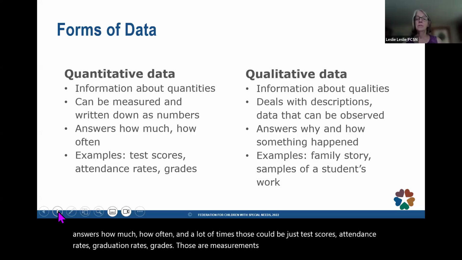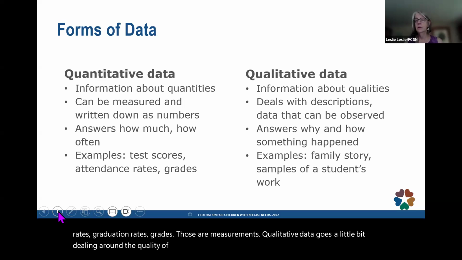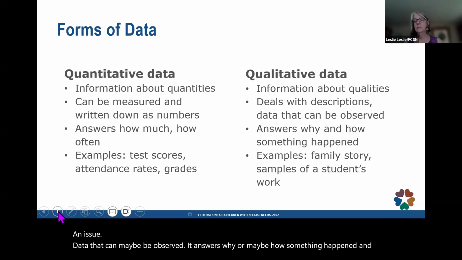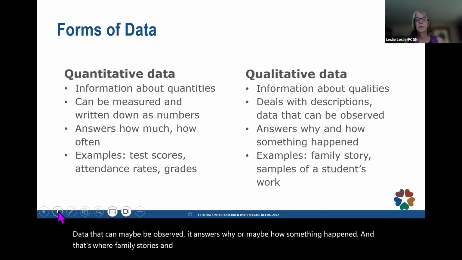Qualitative data goes a little bit into the quality of an issue, data that can maybe be observed. It answers why or maybe how something happened. And that's where family stories and perspectives come in. It could be samples of students' work or other types of qualitative perspectives.